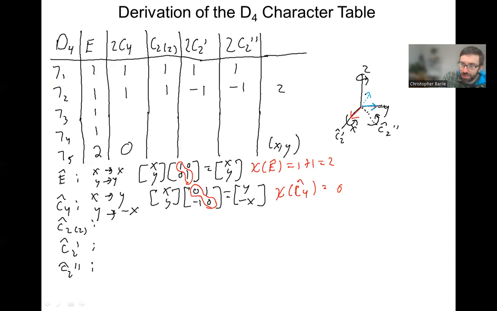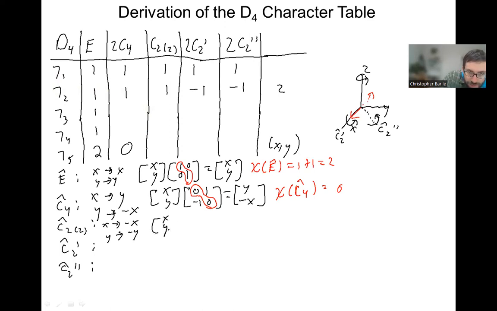What about our C2z? Well, if we do a 180-degree rotation across the z-axis, x is going to spin all the way around to minus x now. And y similarly would spin around to minus y. So we're going to get x goes to minus x, y goes to minus y.